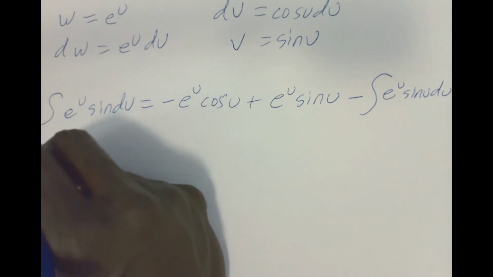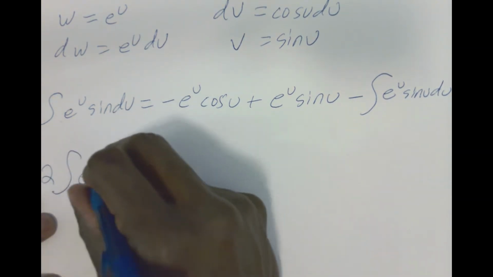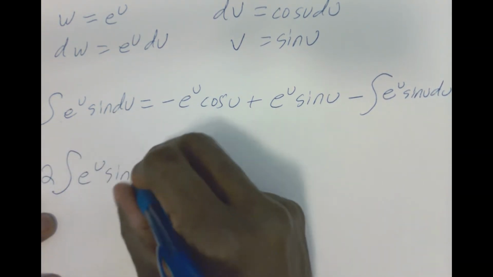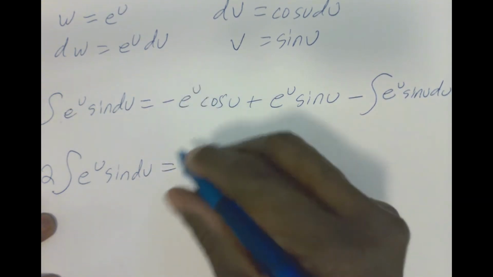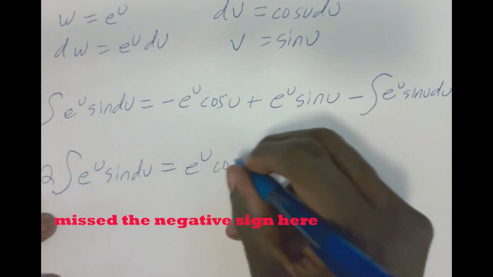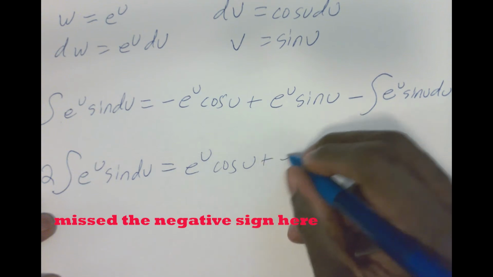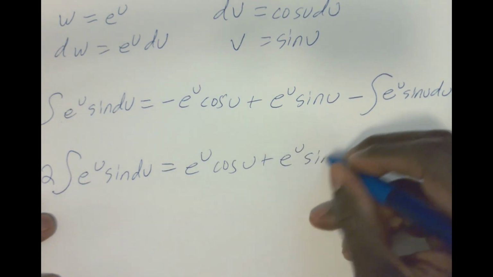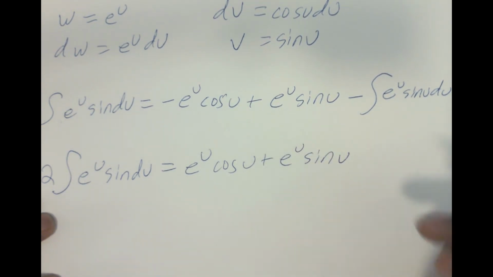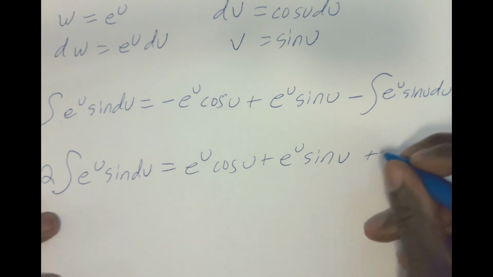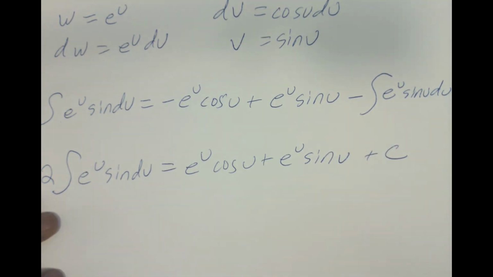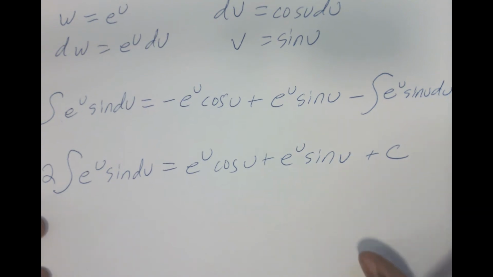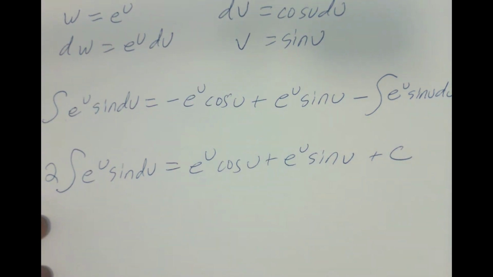And what I'll get is 2 times the integral of e to the u sine u du equals e to the u cosine u plus e to the u sine u, and then let's say plus some constant. So now it's devoid of the integral, and so now it's pretty much solved.